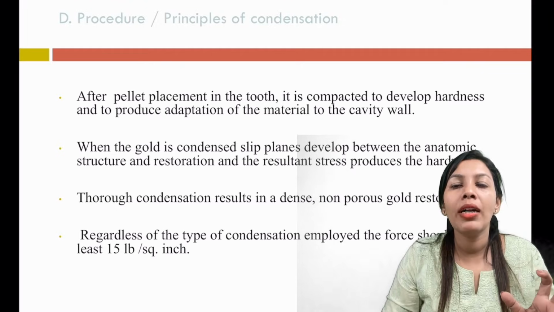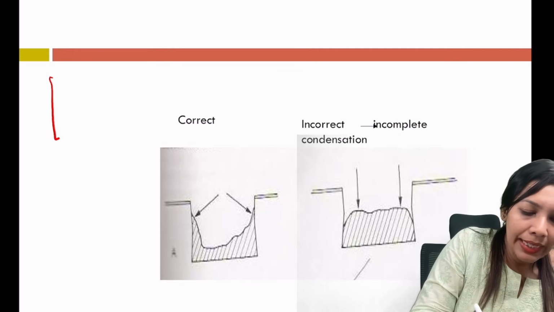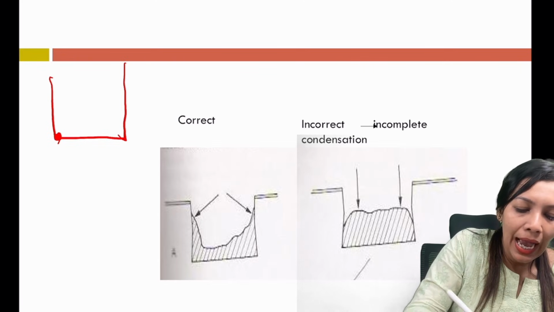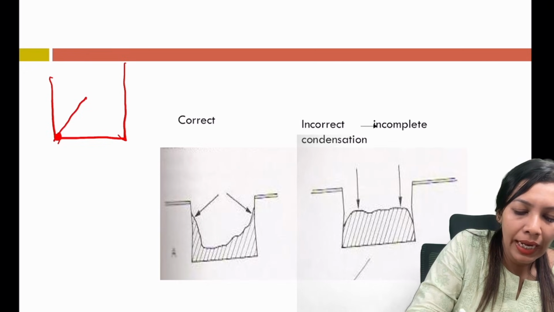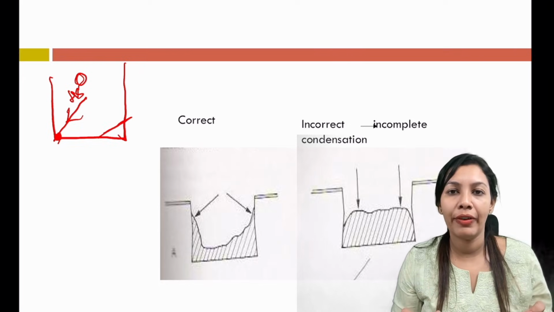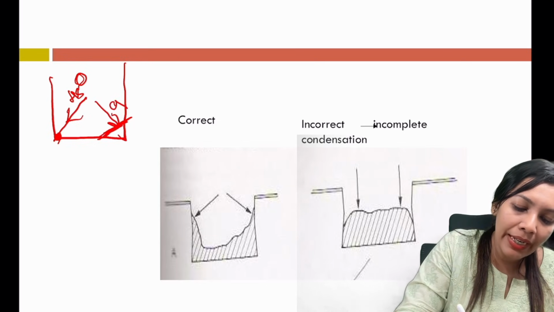Right. Now, what are the principles of condensation? So simple. Think this is the cavity. Always the first layer of gold is placed and we'll be applying a force at an angle of 45 degrees. That is how we apply the force. The next step is that onto the existing gold we'll be applying a force of 90 degrees.